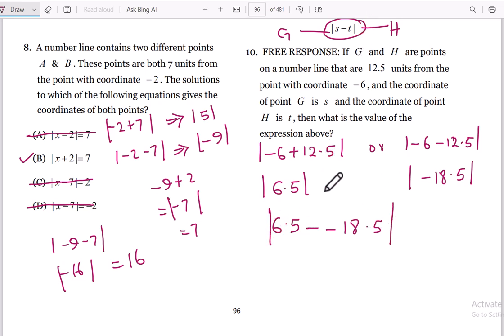What I'm doing now is solving for S minus T. So this is S, this is my minus, and this is T. From this point, you can see that 6.5 plus 18.5, add it up. 18 plus 6 is 24, then 0.5 plus 0.5 is 1, so we have 25. The final answer is 25. I hope this makes sense to you.